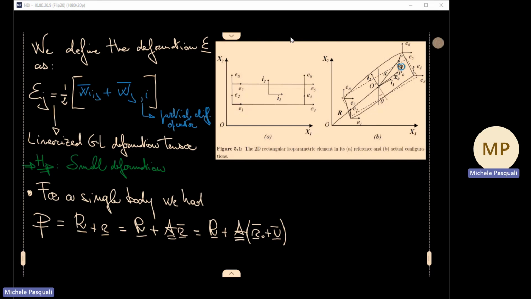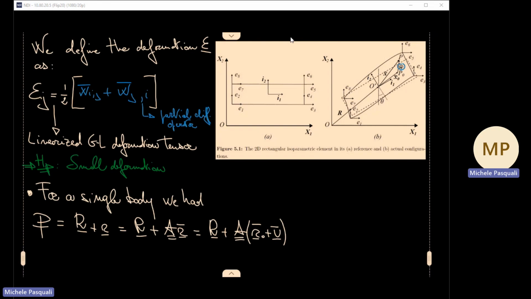So this is basically what we have in the case of a single body. Now, let's imagine, for the sake of simplicity, that our body is composed of a single element only.